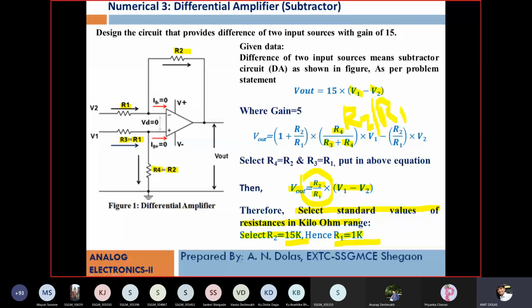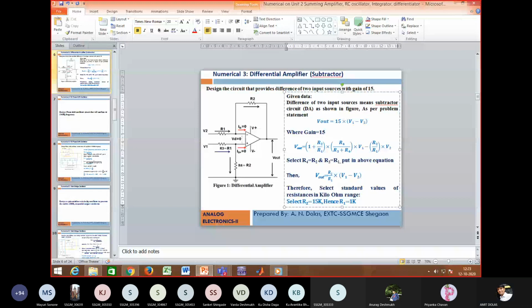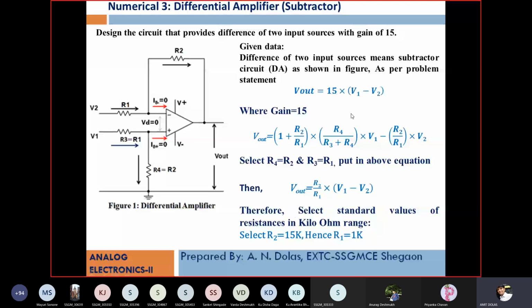Here on the PPT, where the gain is 15. If you want, you can note this down in 1-2 minutes. You may take a screenshot of this and later write it down.